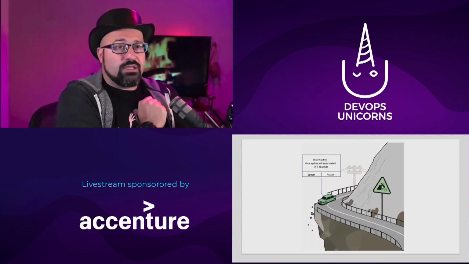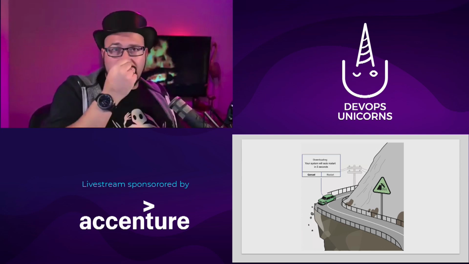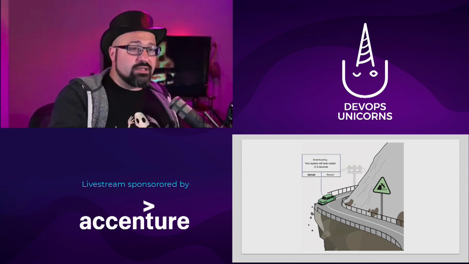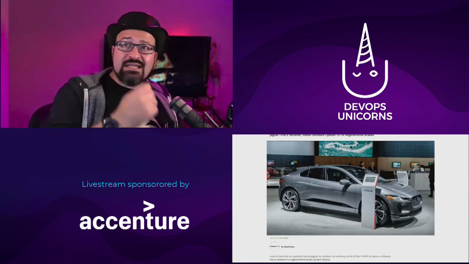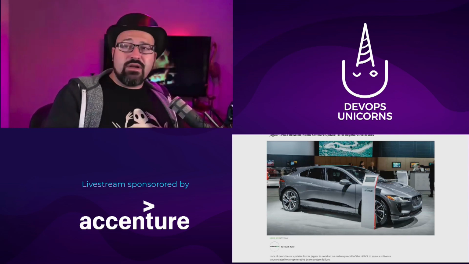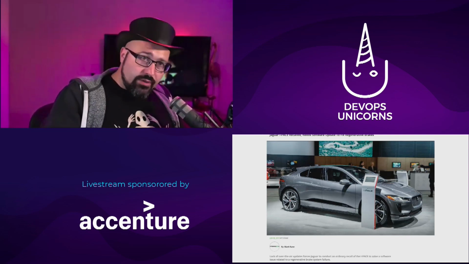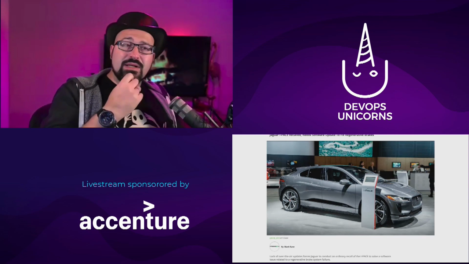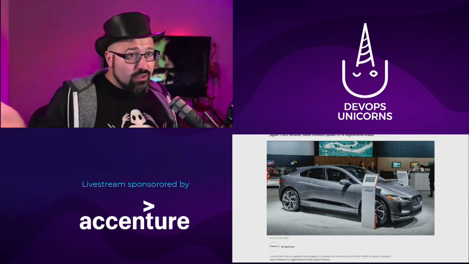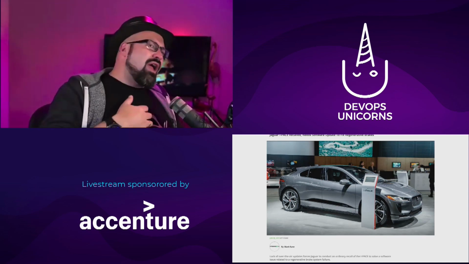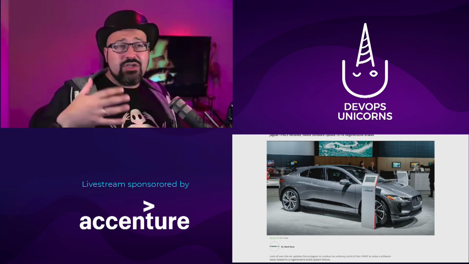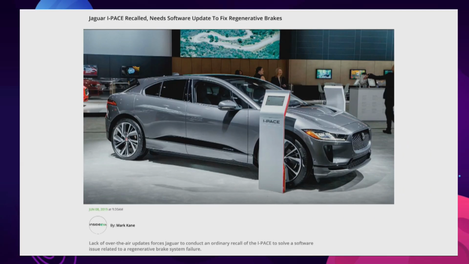Let's talk about updating cars. That's a fascinating topic in the what-can-go-wrong category. This is the Jaguar I-Pace. It's a very nice electric car that was released last year, and half a year later, they recalled each and every car they sold because they had a bug in the brakes.